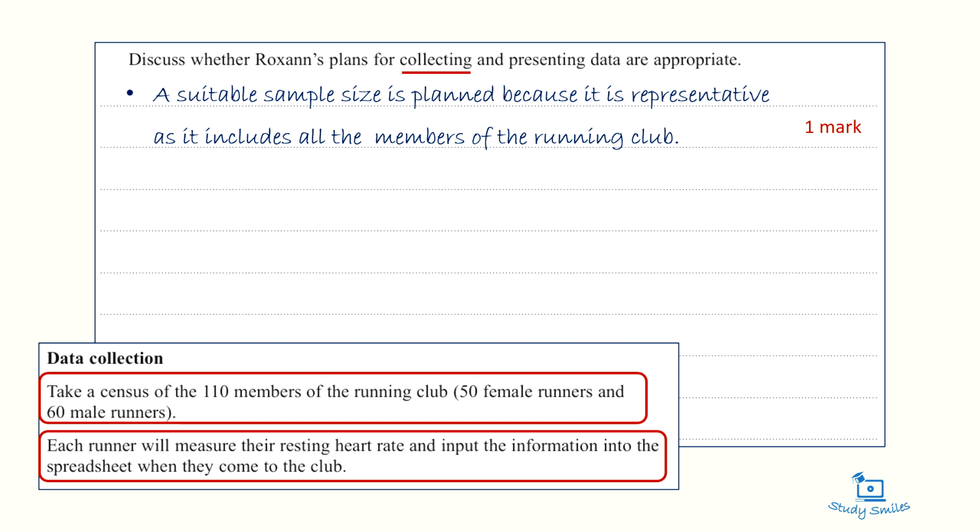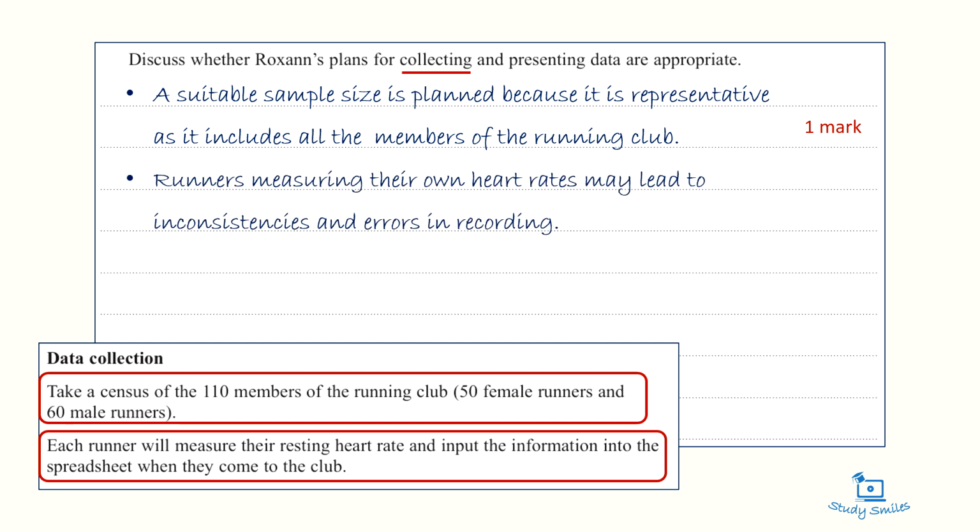Going back to the information in the question, we can see that Roxanne also plans that each runner will measure their resting heart rate and input the information into the spreadsheet when they come to the club. In relation to this, I'm going to say that runners measuring their own heart rates may lead to inconsistencies and errors in recording, and that would give me another mark.